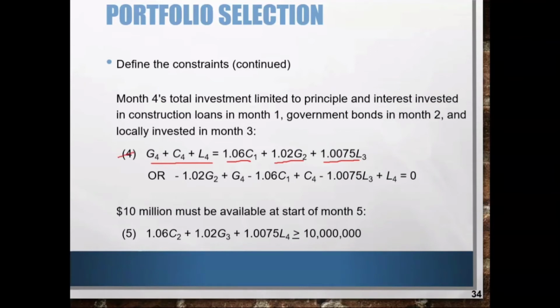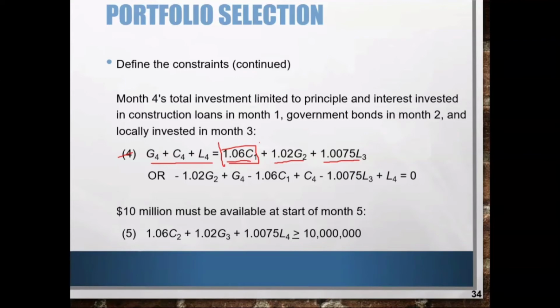After 3 months, the condition on construction loans is that it grows 3% per month, so it has grown 6% at the end of month 3. So in month 4, what was invested in month 1 is multiplied by the rate of interest, which is 6%.